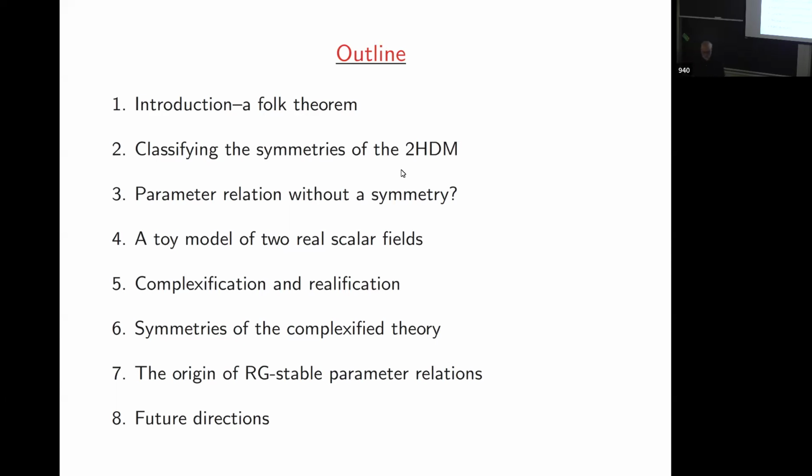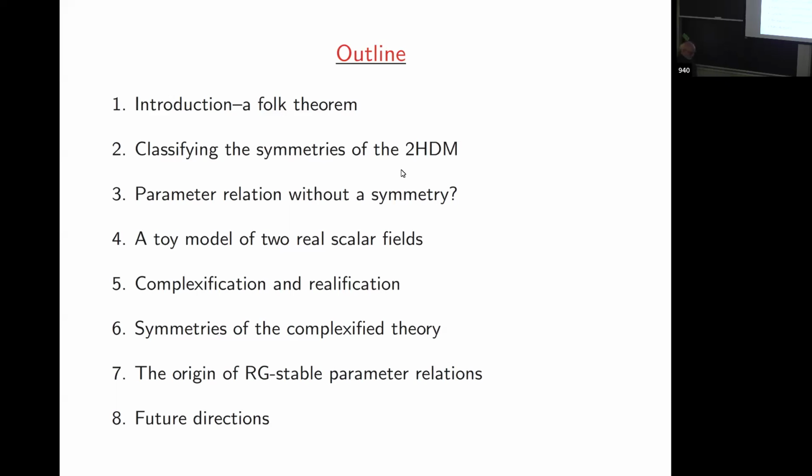You add a second complex doublet, and suddenly you have lots of new parameters. For instance, for the scalar potential, after you solve for the minimum, you have 11 parameters. That's a lot of parameters to deal with if you want to tell your experimental friends how to find these things. So what people tend to like to do is reduce the number of parameters by imposing symmetries and have something a little bit easier to deal with.